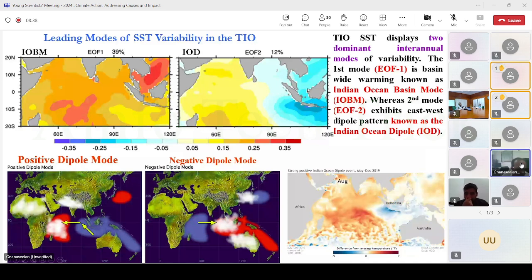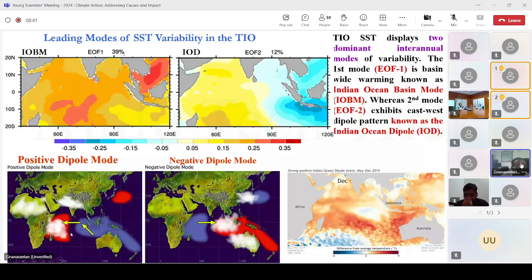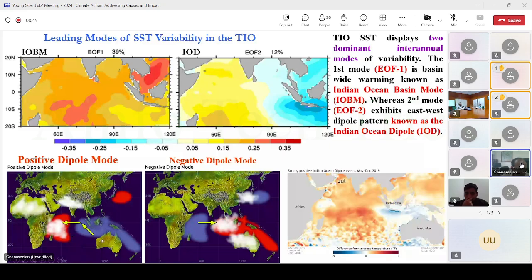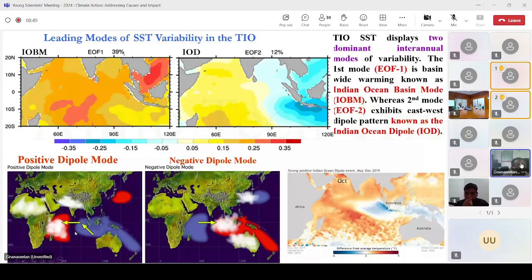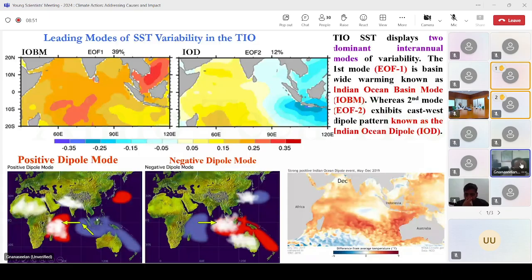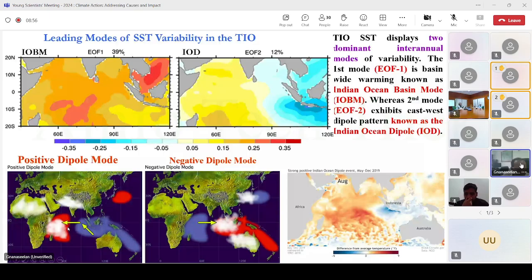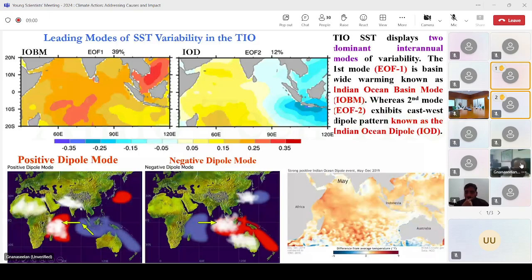And the bottom panel is a nice schematic which explains the sea surface temperature pattern shaded. So you have a cooler sea surface temperature in the east and warmer in the west, and you can also see a cloud pattern covering the Western Indian Ocean, India, and the North African region.